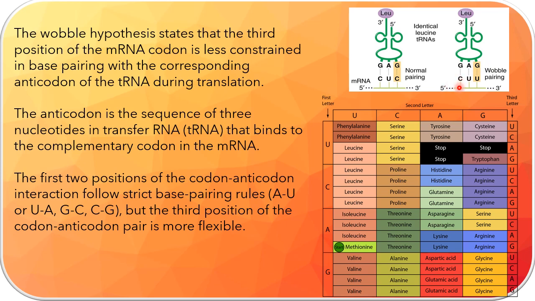For mRNA, C is the first nucleotide, but for the tRNA anticodon, G is the first nucleotide. So the pairing is of the third nucleotide of mRNA and the first nucleotide of the anticodon of tRNA. The third base of the mRNA is flexible for pairing with the first base on the tRNA. That is Wobble pairing.